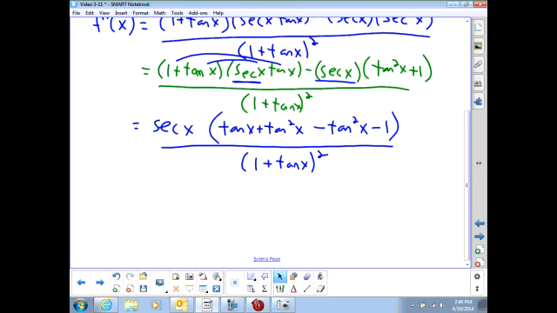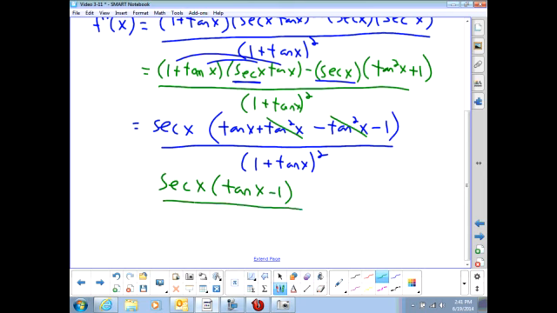Again, the reason for doing this is we need to find when the derivative is going to be 0, because that's where we will have a horizontal tangent line. Well, we've got a positive tan squared x and a negative tan squared x. Those add to 0. So now we just have secant x times tan x minus 1 all over 1 plus tan x squared.